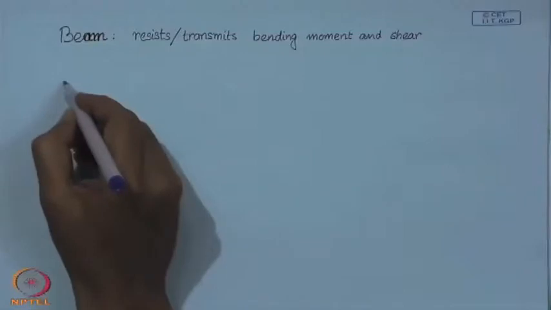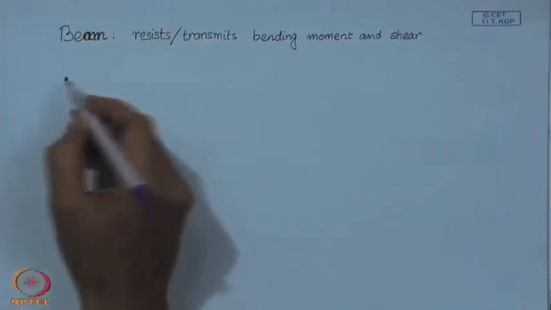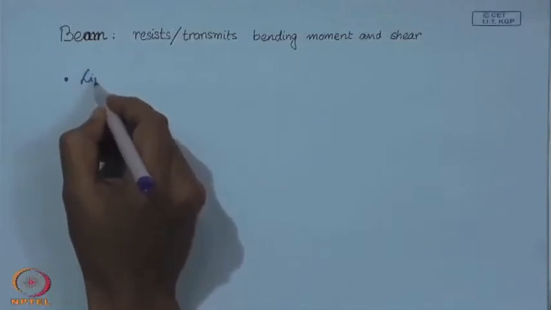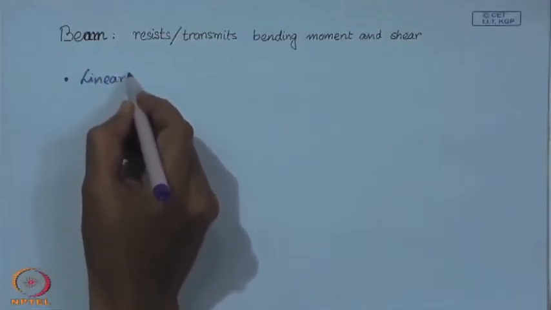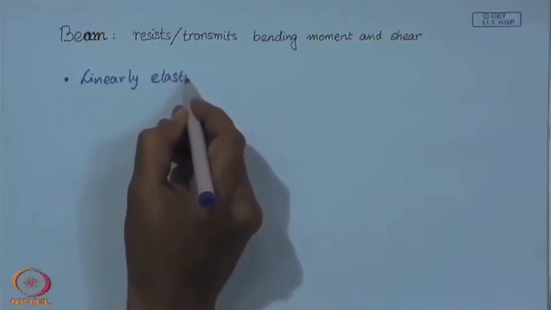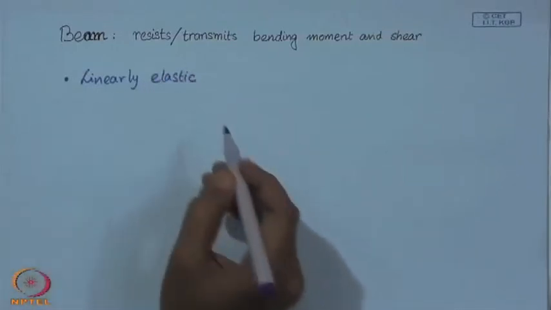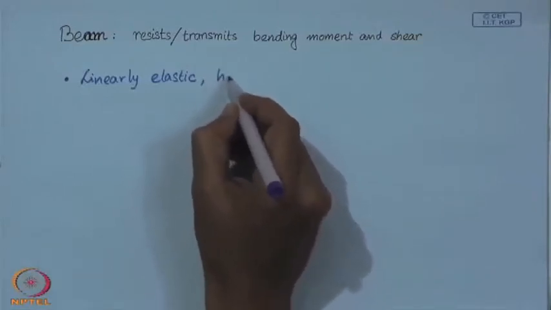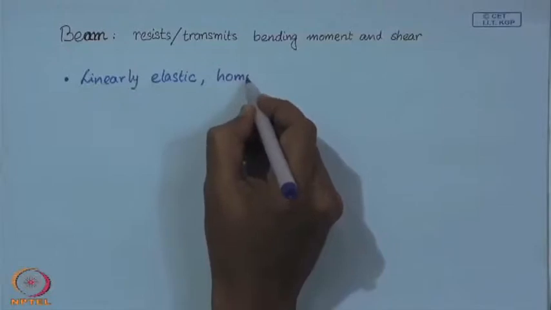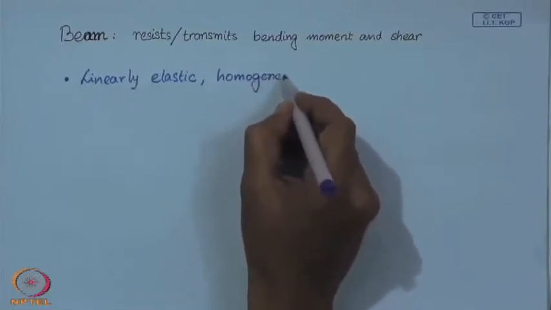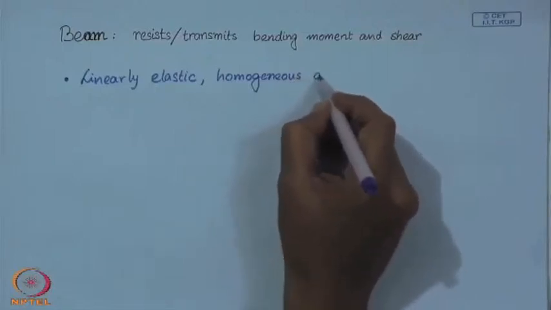So, let us see what are these assumptions. The first assumption that we make is about the material, which is that we will restrict ourselves to linear elastic material, which is also homogeneous and isotropic.